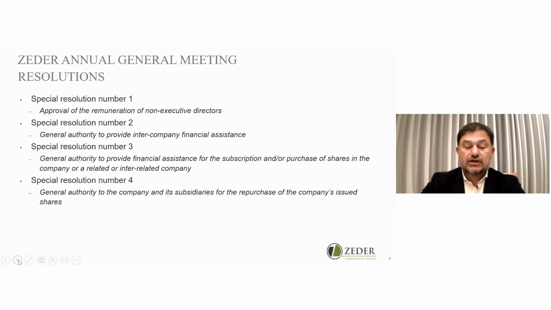Special resolution number 3, general authority to provide financial assistance for the subscription and or purchase of shares in the company or a related or interrelated company. Please record your vote. Special resolution number 4, general authority to the company and its subsidiaries for the repurchase of the company's issued shares. Please record your vote.